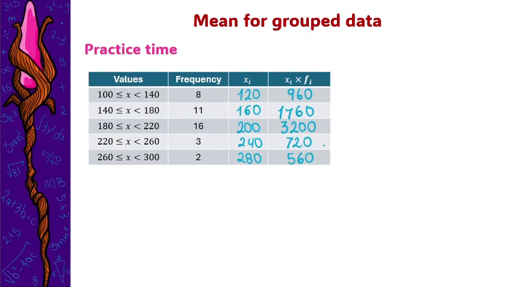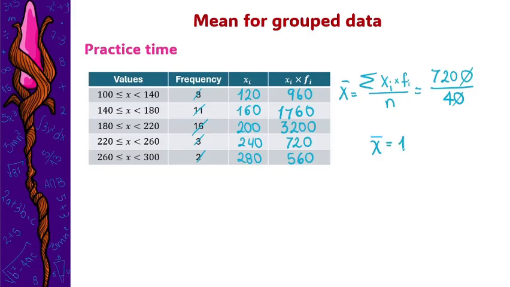We add all of them together, so the addition of each value times its frequency divided by n is equal to, the addition of all of these is 7200, divided by, in this case we are not given how many data we have, but since we have the frequencies we can just add them together and see how many values we have. 2 plus 8 is 10, 19 plus 11 is 30, so we have 40 values. We can cancel these, then the mean is going to be 180.